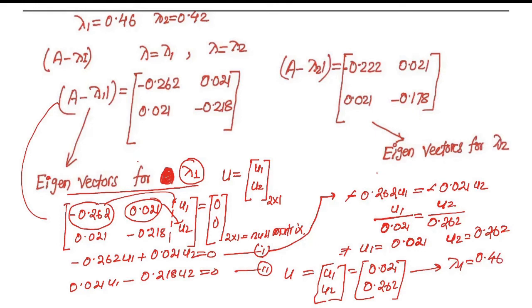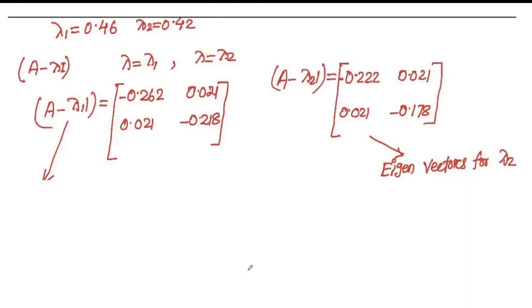Similarly, if we solve equation 2, we will also get different values of U1 and U2, and this also represents one of the eigenvectors. However, in this case we will consider the eigenvector with U1 as 0.021 and U2 as 0.262. Following the same method, we can also find the eigenvector for lambda 2.